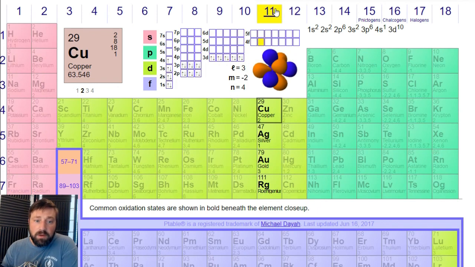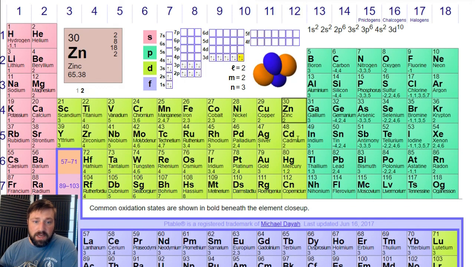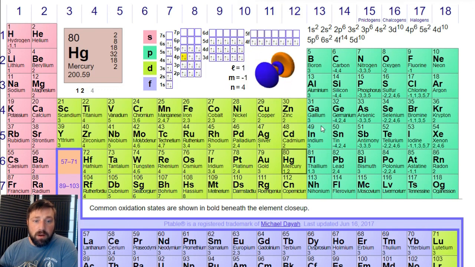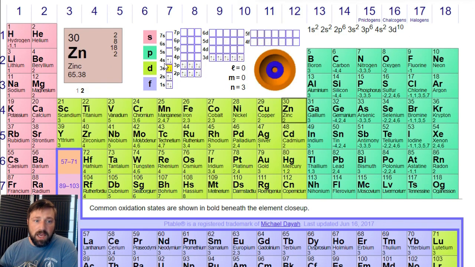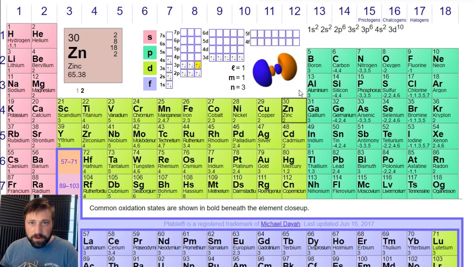So we have copper, silver, gold, all those nice precious metals being even more stable now. And then zinc, cadmium, and mercury are just filling in that 4s2 electron. Those are going to be the only weirdnesses when it comes to electron configuration.